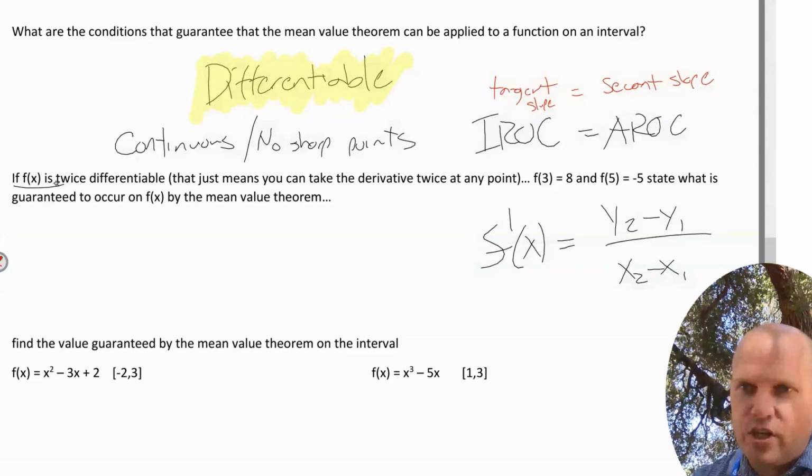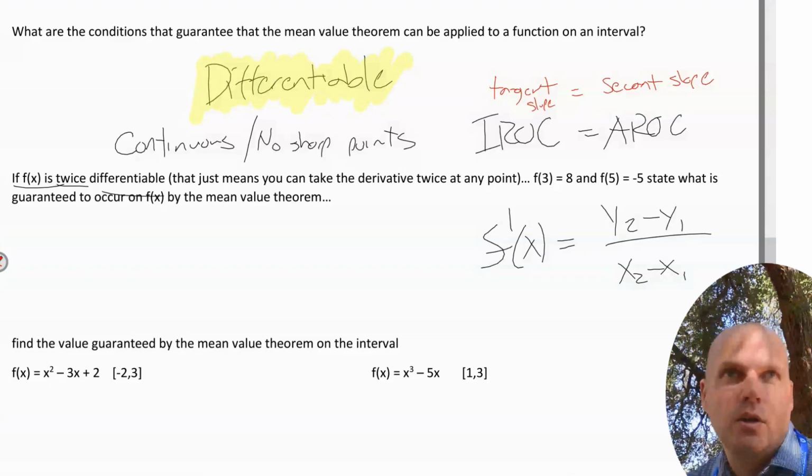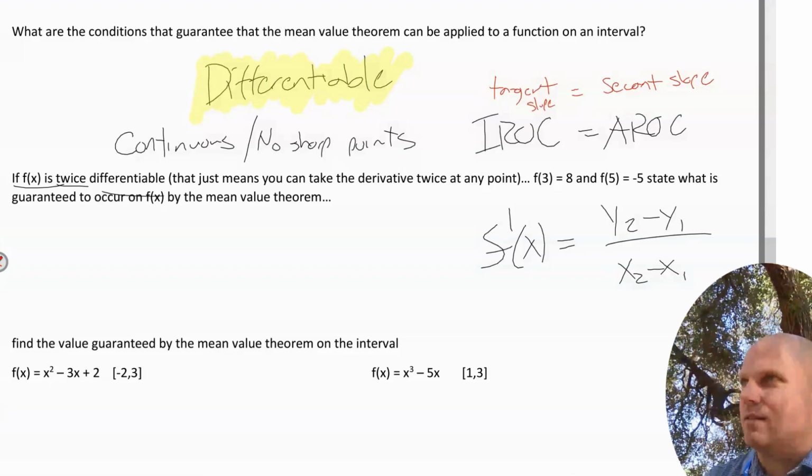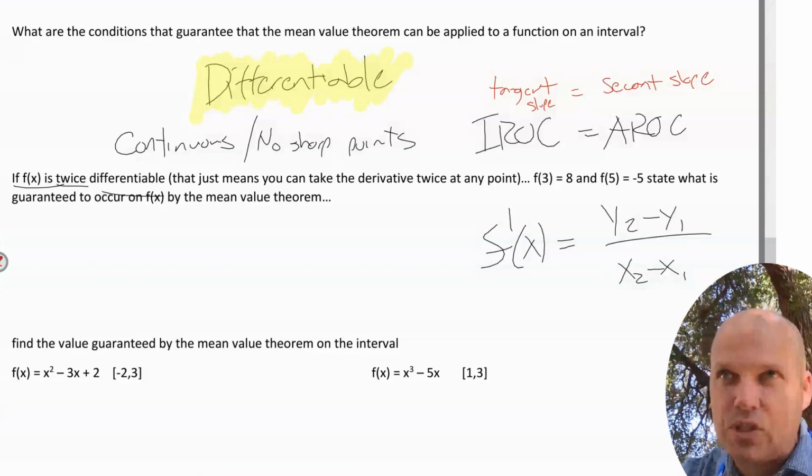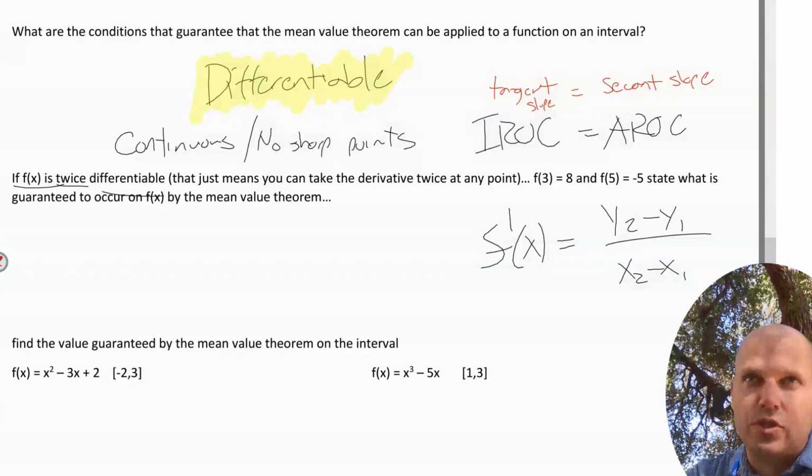F is twice differentiable just means you can take the derivative twice. It just means you have a continuous first derivative. Don't worry about what it means beyond that. If you can find the slopes of the slopes, then your first slopes are continuous.